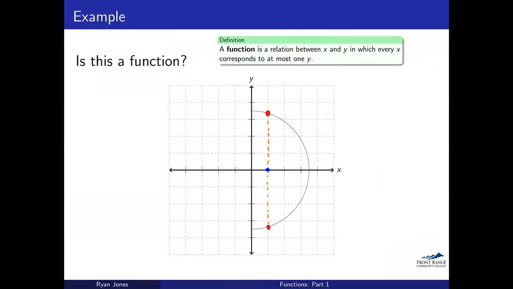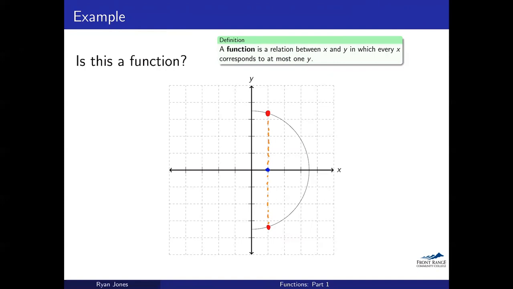So one thing that I do want to say while we're here and looking at these graphically is there's a thing called the vertical line test. What the vertical line test is, is a way to figure out if something's a function or not. What we do is we pretend that there is a vertical line.